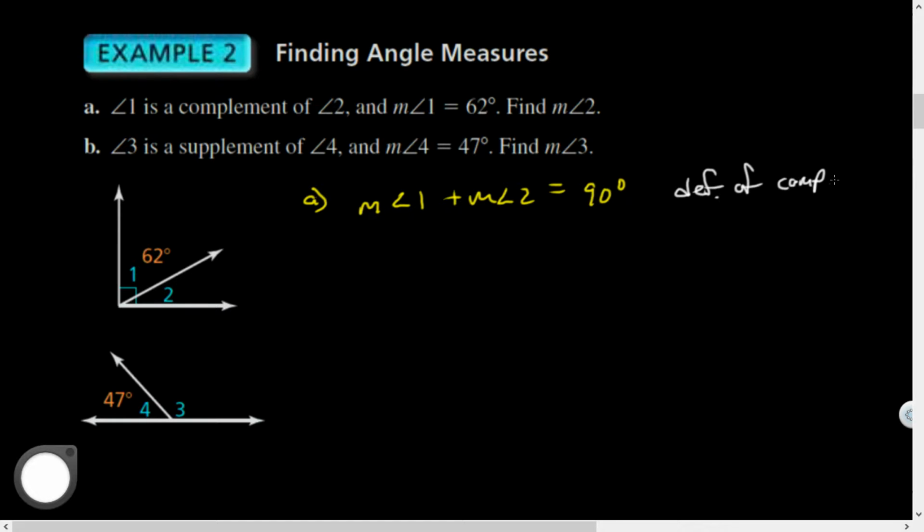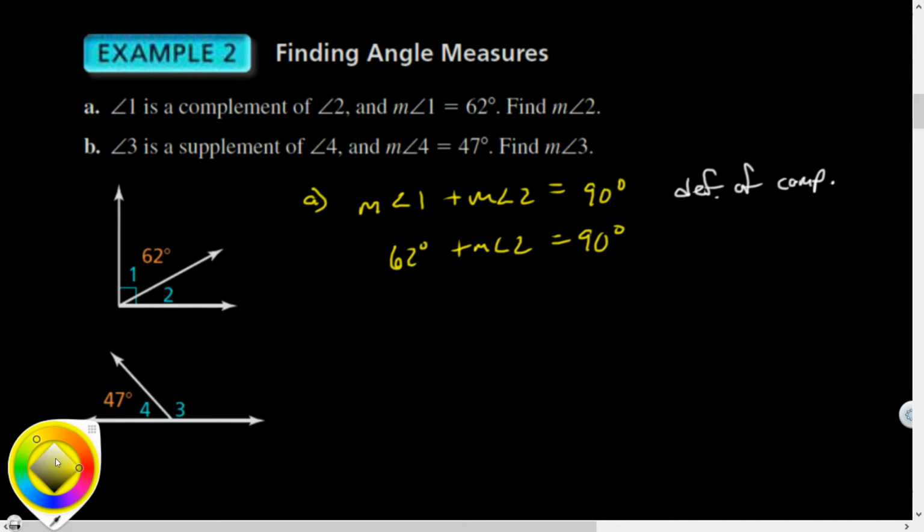Bam. Right, there we go. All right, now what can I do that would be helpful? I have another fact. I can say 62 degrees plus measure of angle 2 is equal to 90 degrees. Why is that true? Anybody know? Substitution. Subs prop.